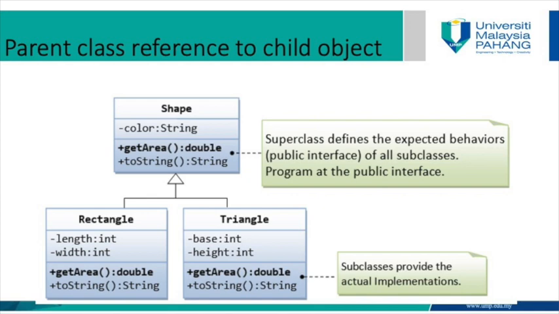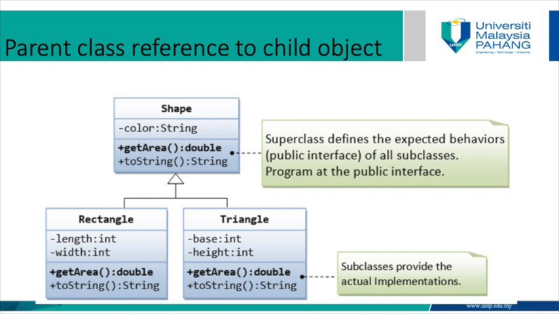Let's take a look at this UML diagram. In this UML diagram, Shape is the parent class, and Rectangle and Triangle are the child classes. If you notice, these child classes have a method, getArea. The getArea method in the child classes provides the actual implementations.